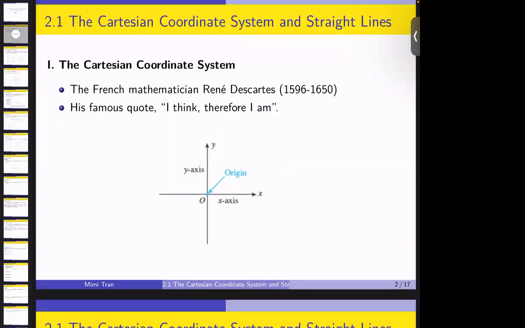So the Cartesian coordinate has a y-axis and an x-axis. They intersect each other at 90 degrees, right? It's a right angle. The middle point, the intersection point, is called the origin.